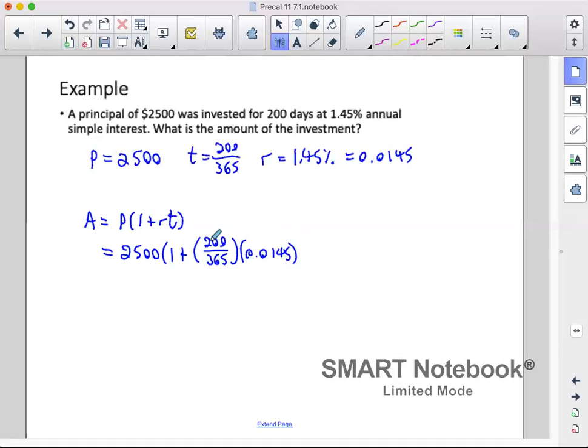I just realized I put these two in the wrong order, but it will give us the same overall value, which will be $2,519.86.